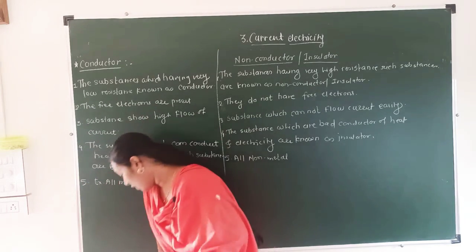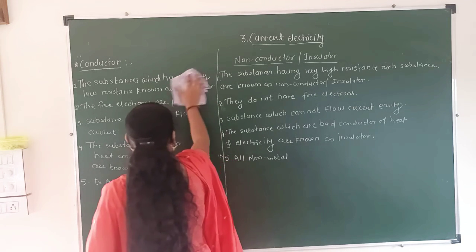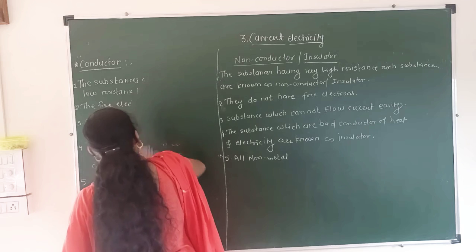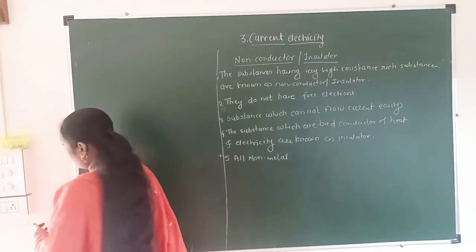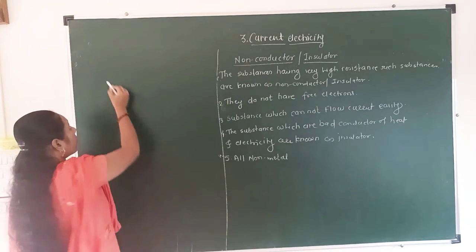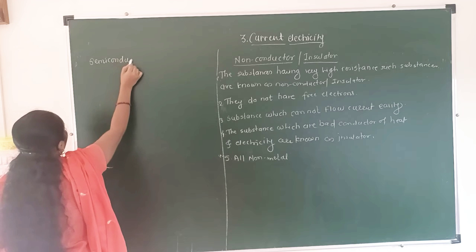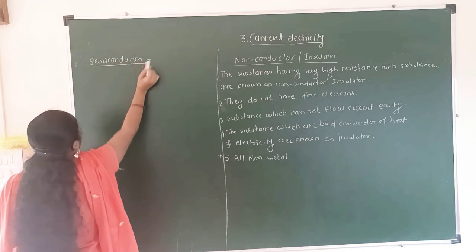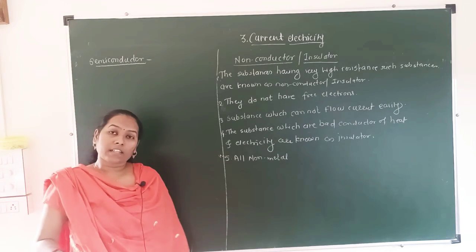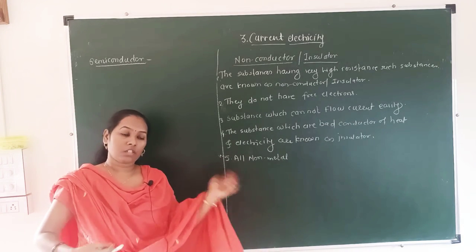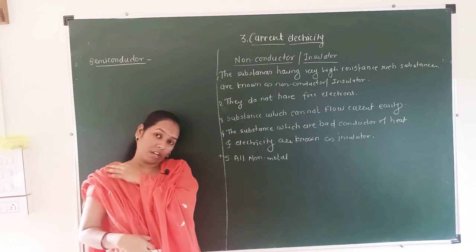Now the next point is the semiconductor. Which substances are known as semiconductors? See, what is the definition? Conductor: the substance which has a high capacity of flow of current.